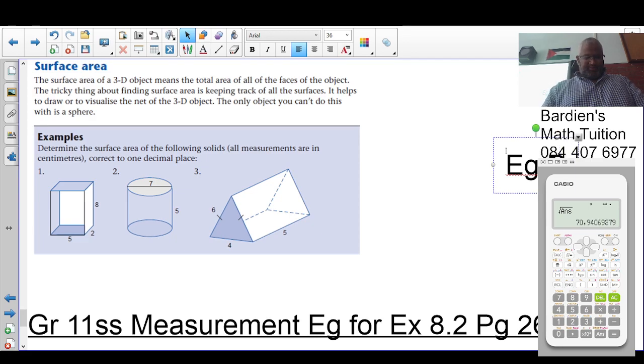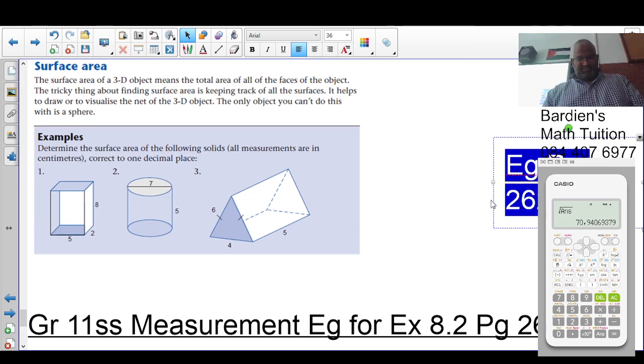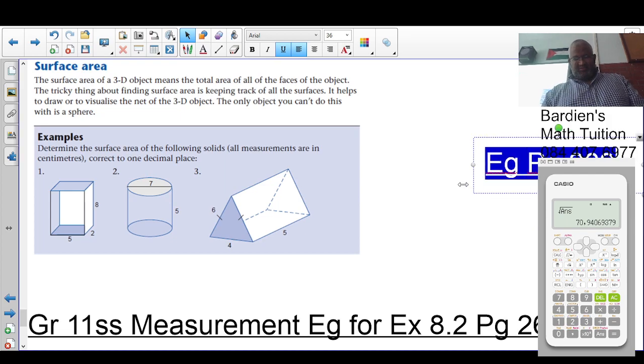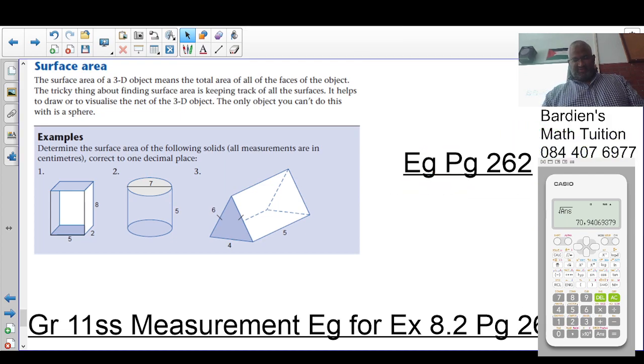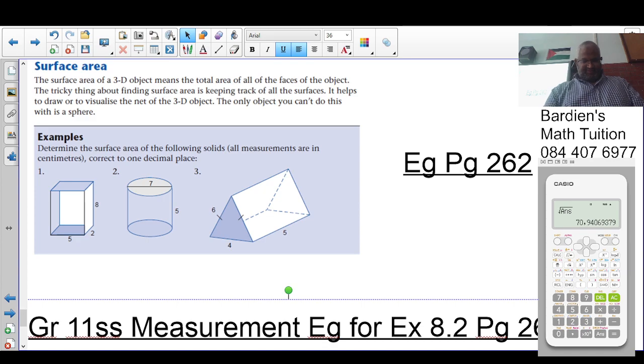How long have we been doing this? The examples on page 262. That's the exercise on page 264. Okay.